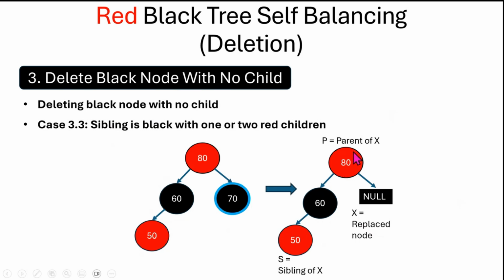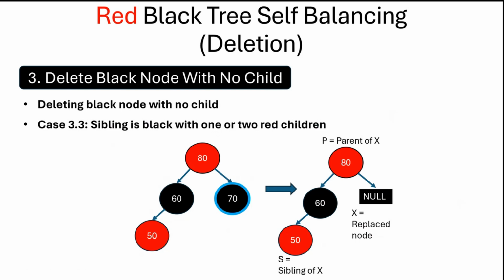And if we mark the parent black, then this red-red violation will still be there, because 60 we make red. So that's why the logic which we applied for case 3.1 cannot be applied here. So this is a different subcase in the delete black node with no child case. Sibling is black, but it contains one or two red children.